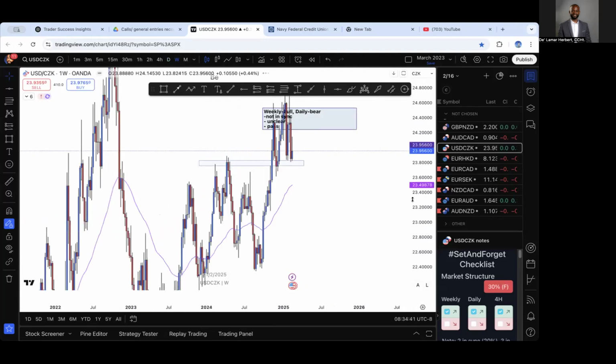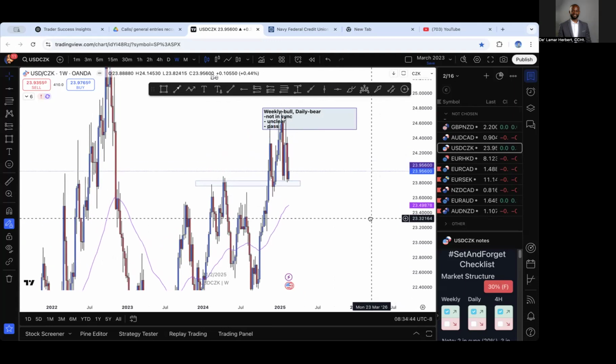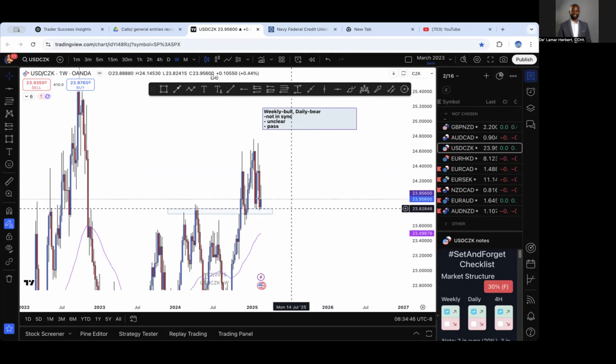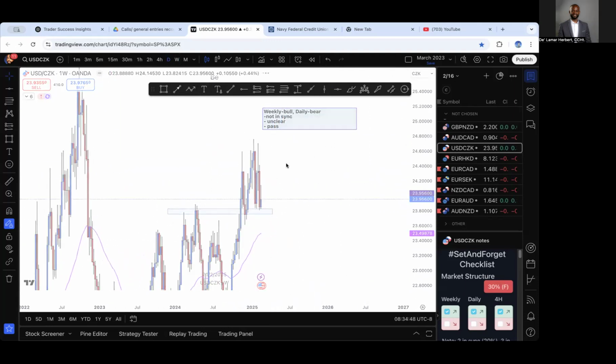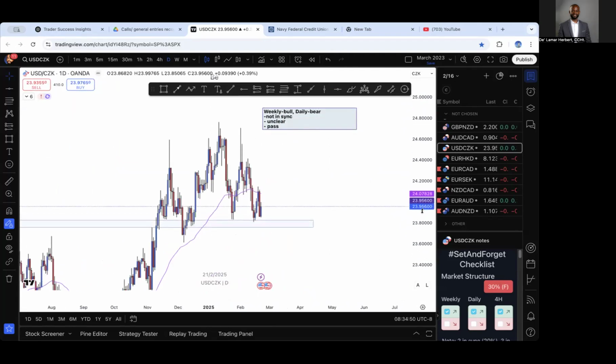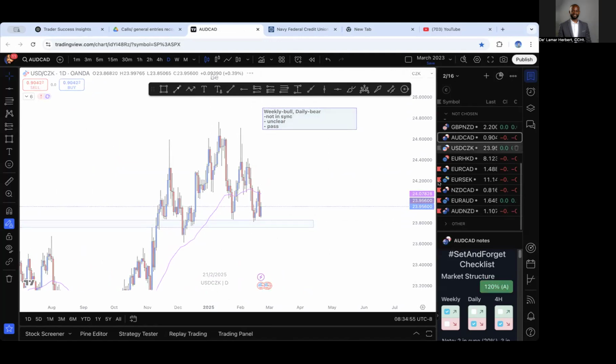USD CZK, weekly is bullish, daily is bearish. Yeah, so they're not in sync, pass.